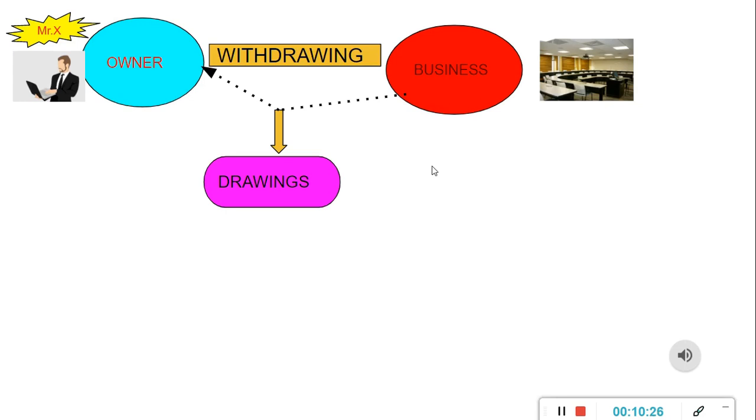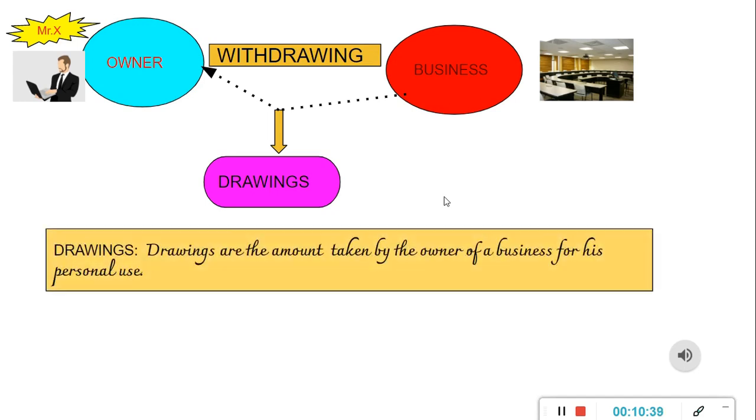If the owner is withdrawing some amount for his personal use, it is called drawings. Clear? What is drawings? Drawings are the amount taken by the owner of a business for his personal use. Clear? That is called drawings. So here we know that Mr. X has taken money for his personal use. What was the use?